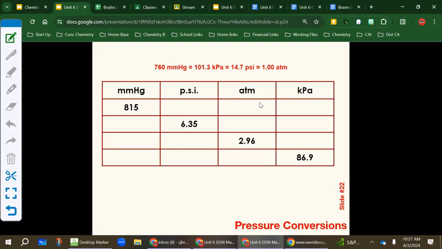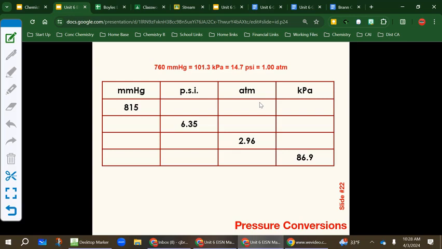Okay, so here's what you're going to do, ladies and gentlemen. At the top of this page are the conversions that you need to get from any unit of pressure to any other unit of pressure. So you are going to start by taking 815 millimeters of mercury and you are going to convert it into PSI. To do that, the unit that you are going to needs to go on the top. So for PSI, the standard pressure is 14.7 PSI.